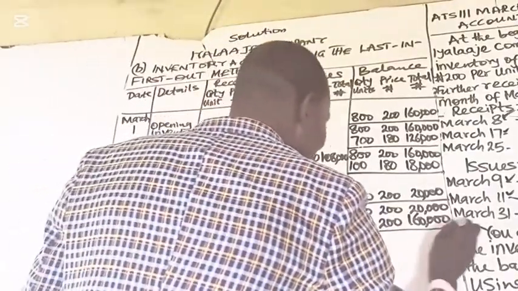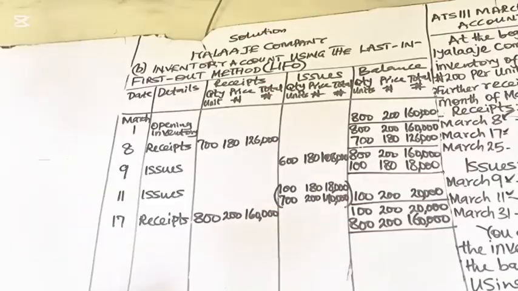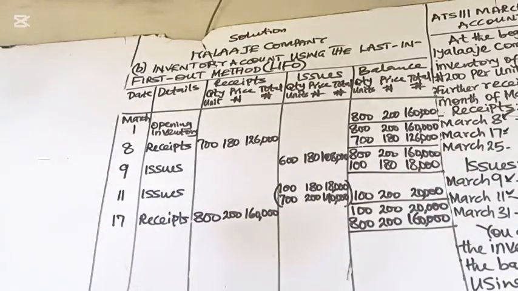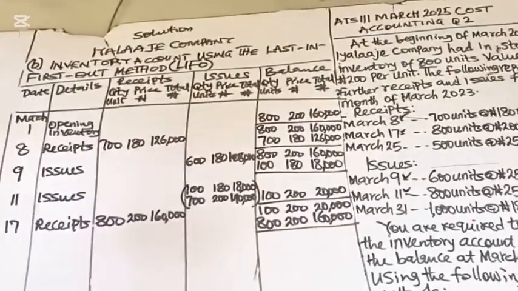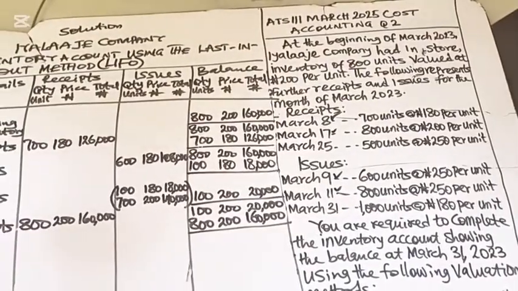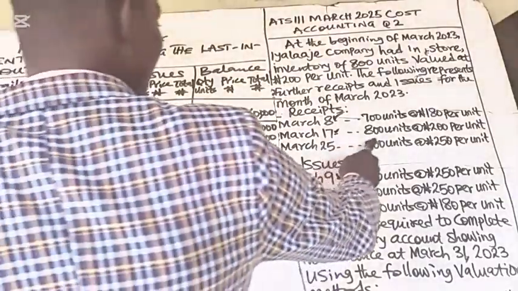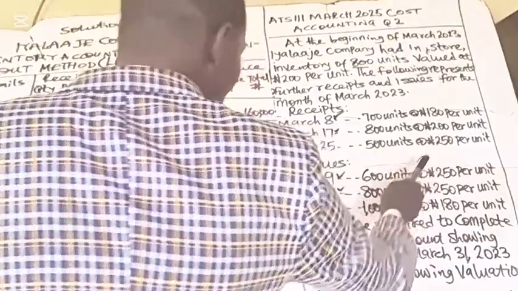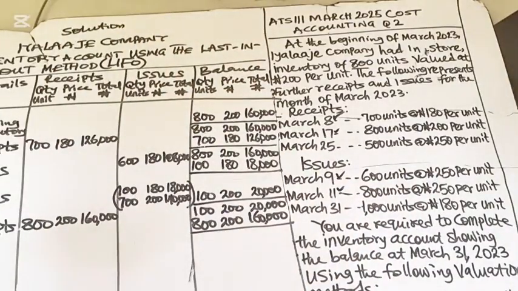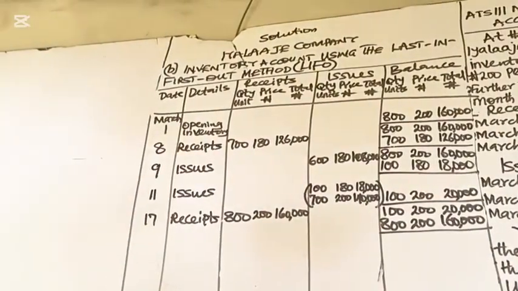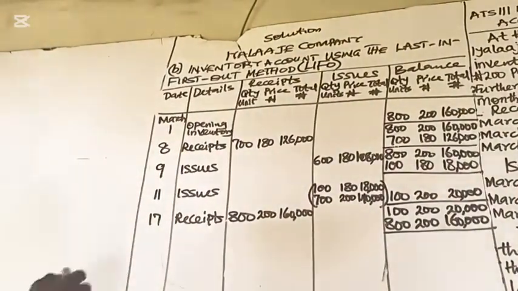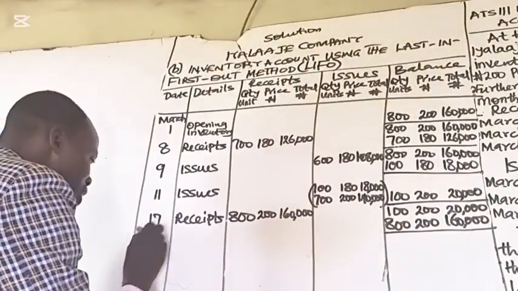After the 17th of March, the next period that follows is 25th of March. On the 25th of March, you receive additional 500 units at the price of 250. That is equally a receipt.